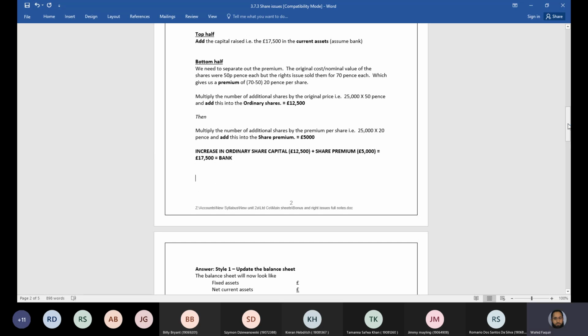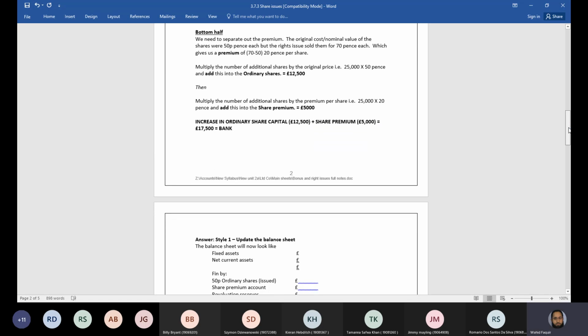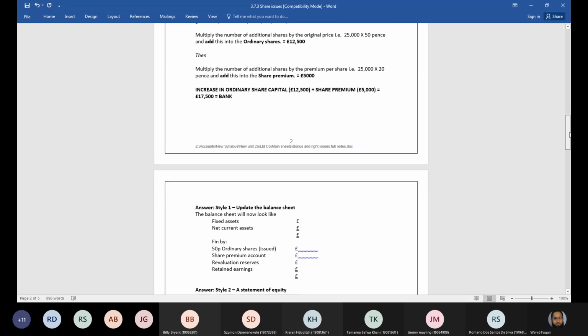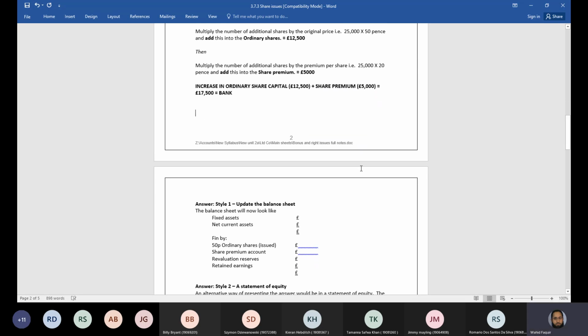Now, using all that information, we need to do a final statement of financial position. I'd like you to have a go at that yourselves first, please.